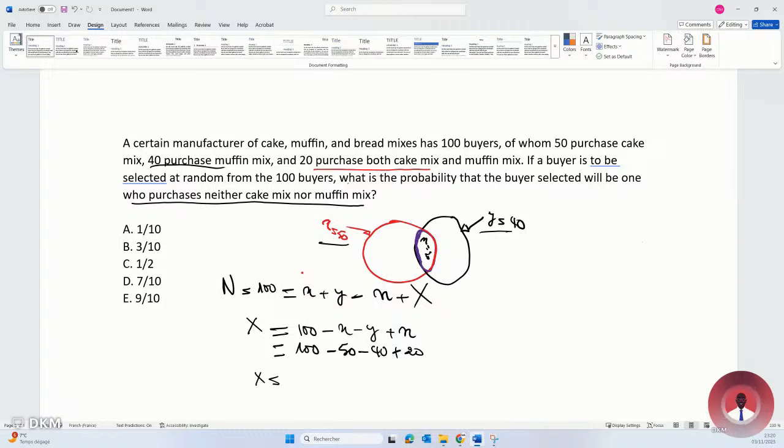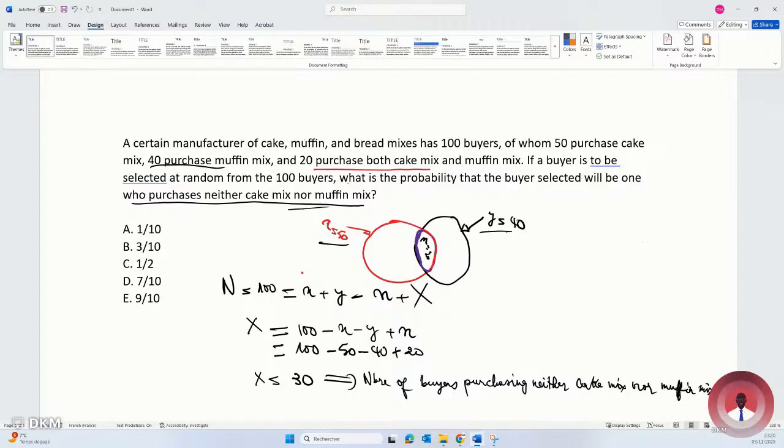So x, if we do the right calculation, x is actually equal to 30. So 30 here is the number of buyers purchasing neither cake mix nor muffin mix.